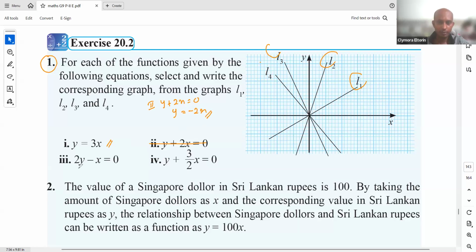Third one, what happens? Let's bring this x to the other side. 2y equals x.